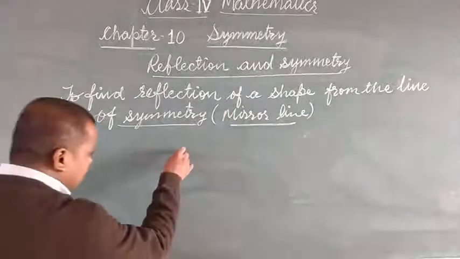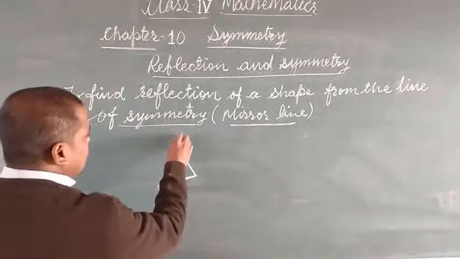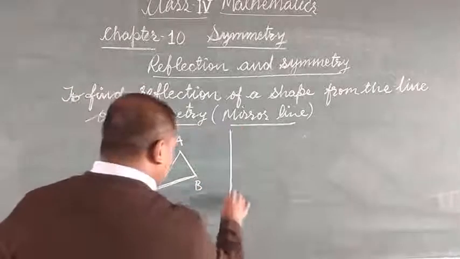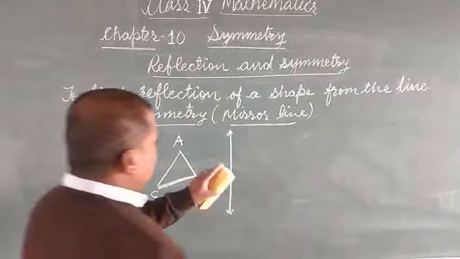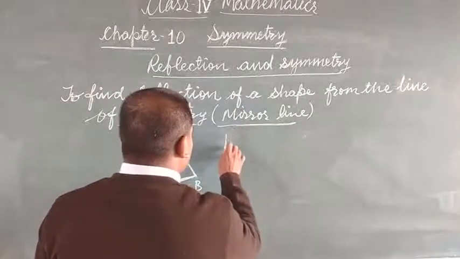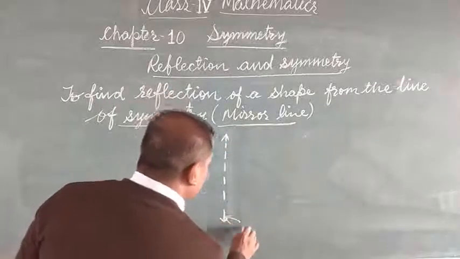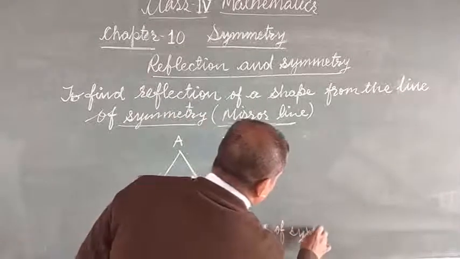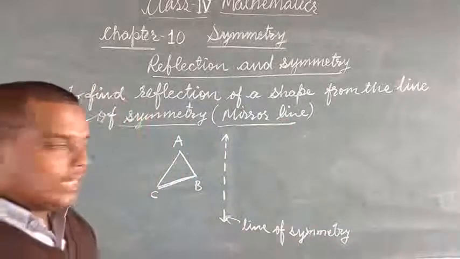Suppose we have a triangle here, A, B and C. We have this one mirror line or line of symmetry. We can make it a dotted line also. And this one we can say is the line of symmetry or mirror line. Okay.